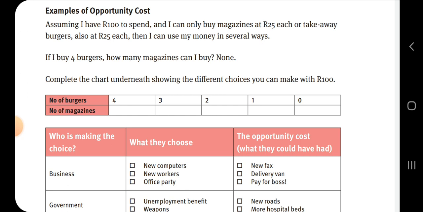So if I buy 4 burgers, I will have 0 magazines. If I buy 3 burgers, I can buy 1 magazine. If I buy 2 burgers, I can buy 2 magazines. If I buy 1 burger, I can buy 3 magazines. If I buy 0 burgers, I can buy 4 magazines.